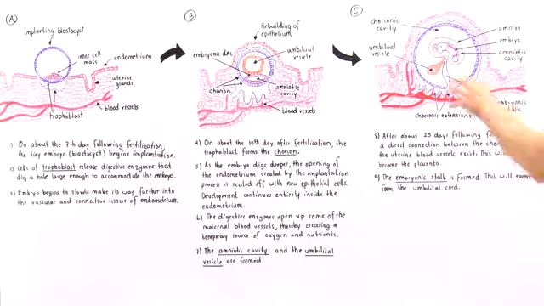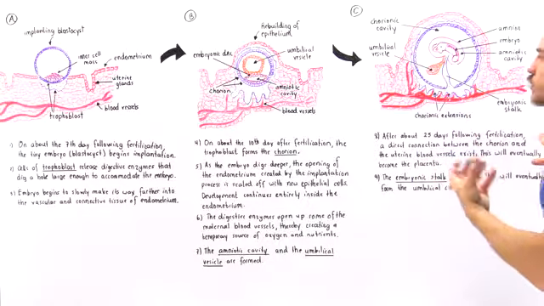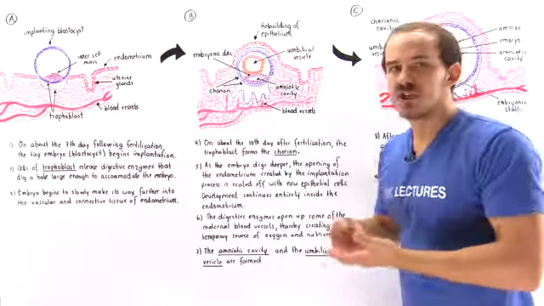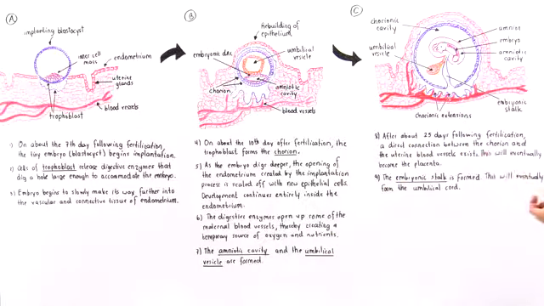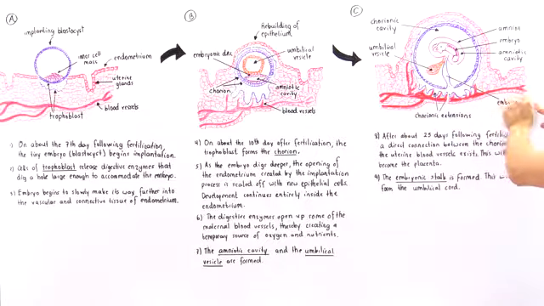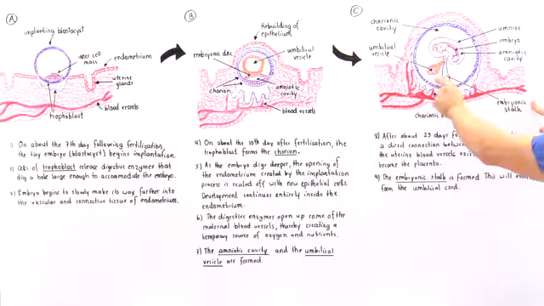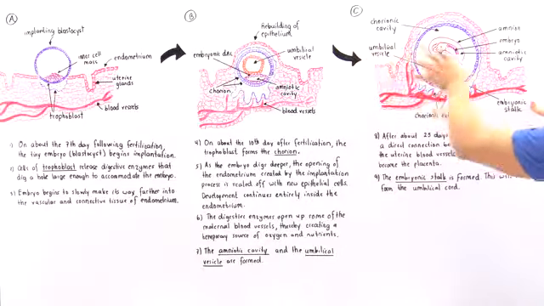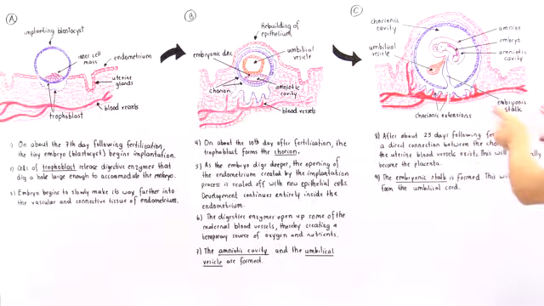What that means is we have a continual source of nutrition and oxygen that comes from the mother. We also form the embryonic stalk that eventually becomes the umbilical cord. This connection between the chorion and the blood vessels of the mother eventually forms the placenta. Notice this is our umbilical vesicle that eventually becomes part of the umbilical cord.